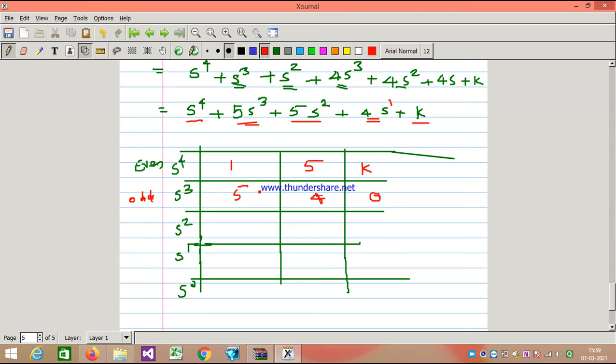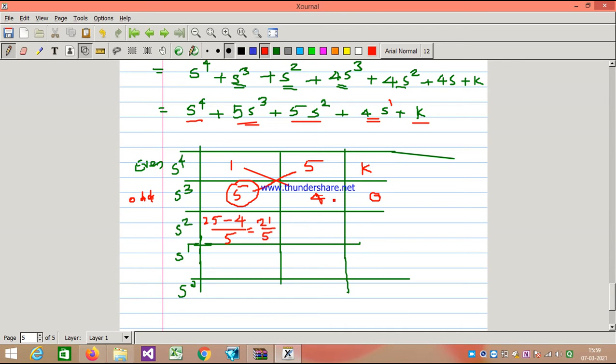Now just calculate this according to our method. 5 into 5 is 25, then 1 into 4 is 4, divided by 5. So 25 minus 4 is 21, divided by 5. This is 21 divided by 5, right?